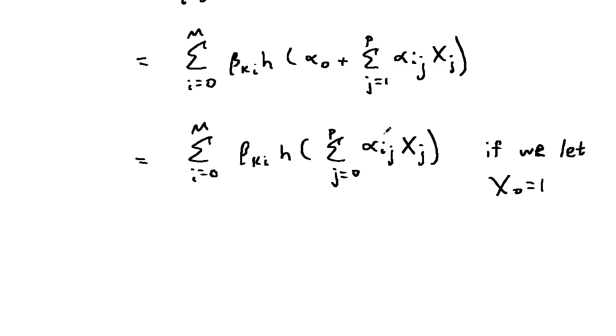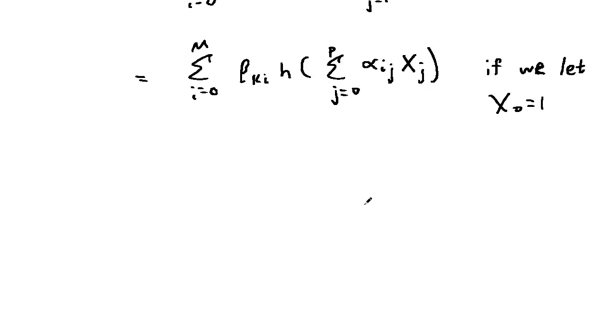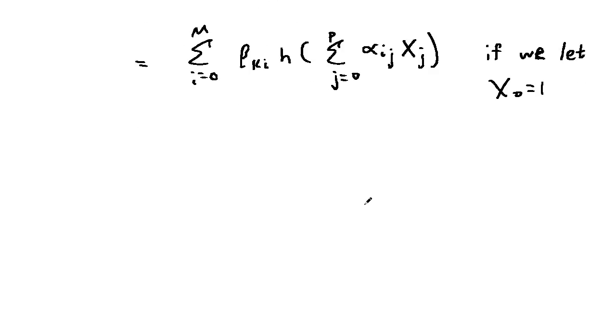We can rewrite that as just the sum as j ranges from 0 to p of alpha ij xj if we let x0 be 1. So b sub k is given by this.